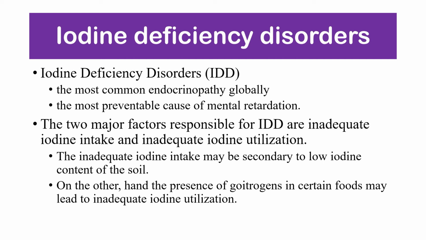Coming to iodine deficiency disorders, it is the most common endocrinopathy globally and also the most preventable cause of mental retardation. The two major factors responsible for iodine deficiency disorders are either inadequate intake, which could be secondary to low iodine content in the soil, or inadequate iodine utilization, that could be because of interference in its metabolism or transportation, or because of various chemicals, especially the goitrogens in our food.